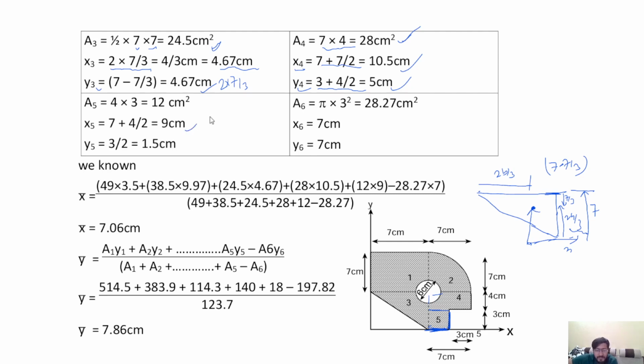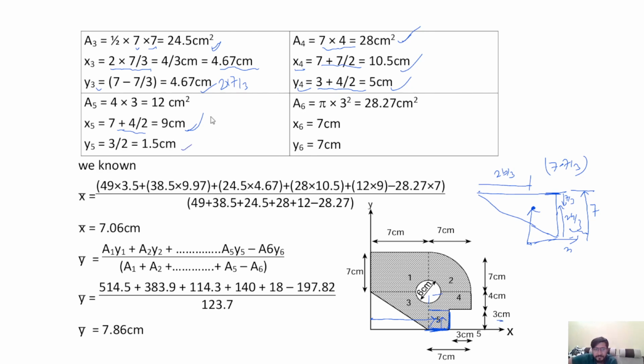So x5 is the centroidal x distance, means from the reference y-axis to this centroid, that is equal to 7 plus 4 by 2, that is equal to 9. y5 means this distance, that is equal to b by 2, means 3 by 2.